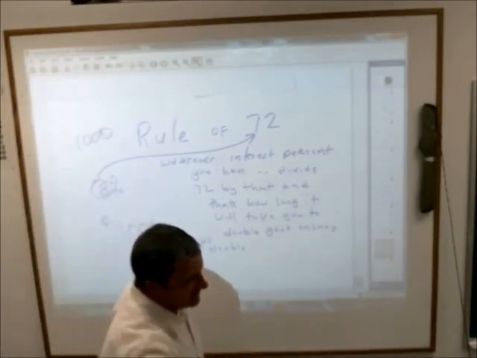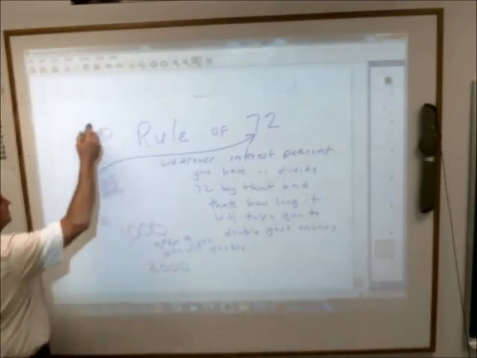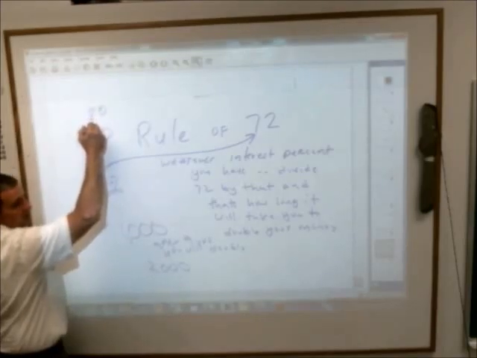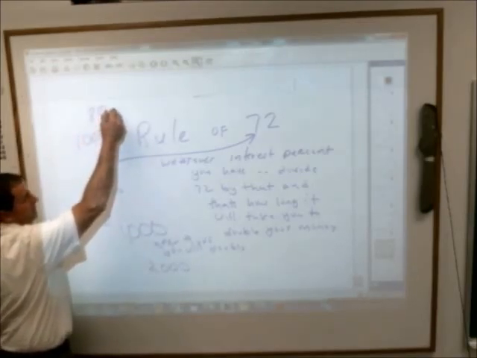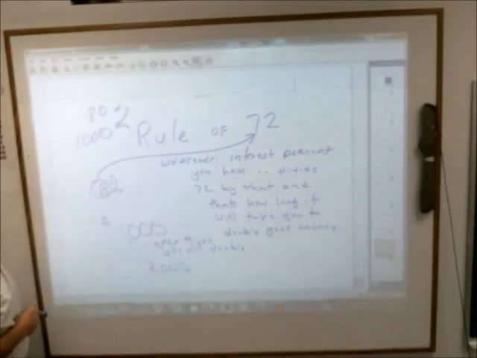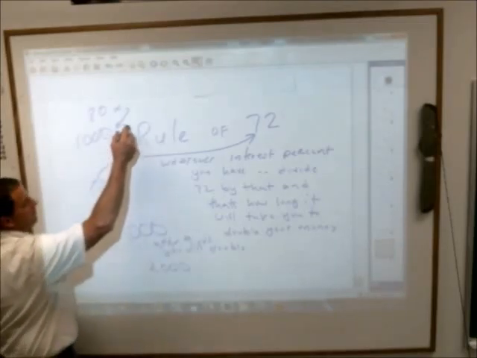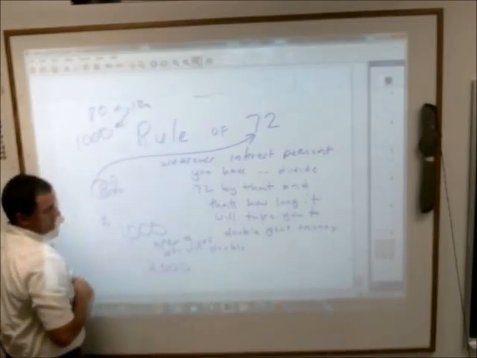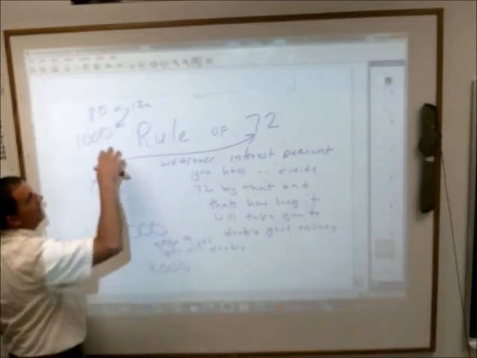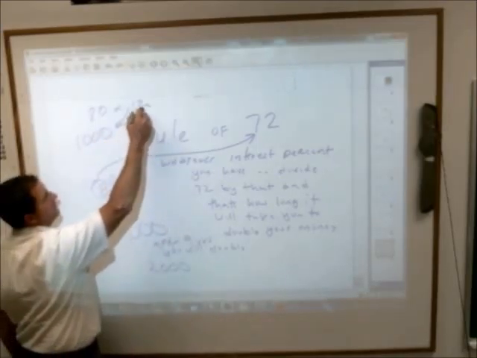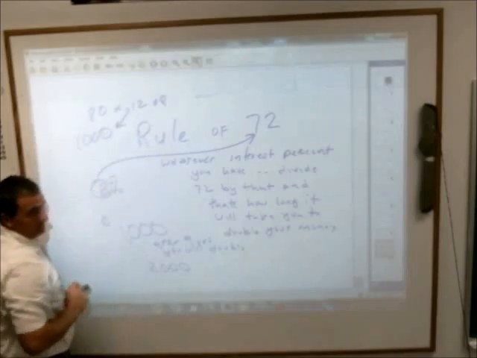Which one is it? $80. How many years making $80 a year would it take for me to get $1,000? Well, 8 times 12 is 96. It's going to be a little more than 12 years. So at simple interest, it takes me 12 years to double my money.